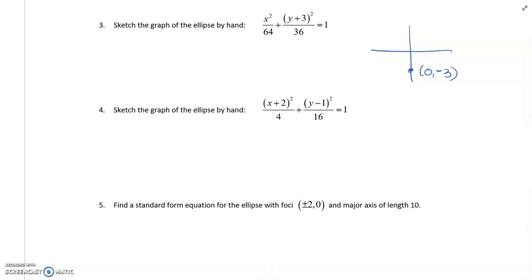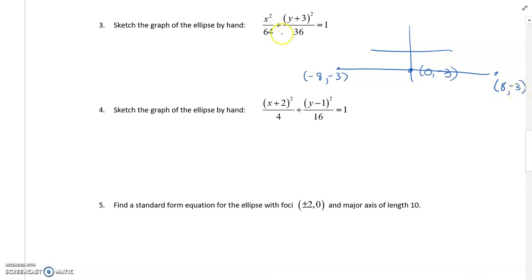And the square root of the number under the x would be 8. So we need to go 8 units for the major axis, 8 units left and right. So that would take me to negative 8, comma, negative 3, and positive 8, comma, negative 3.